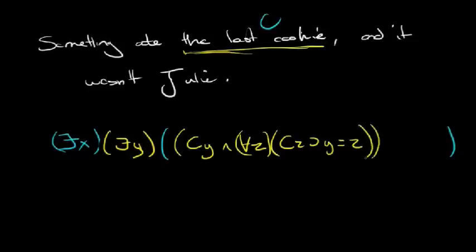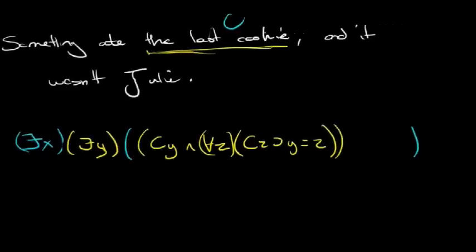So there's our bit about there being something which is the last cookie, and then what else do we want to say about it? Well, we want to say that x ate that thing, right? So we had Axy. Gonna need another set of brackets here, and x does not equal Julie.